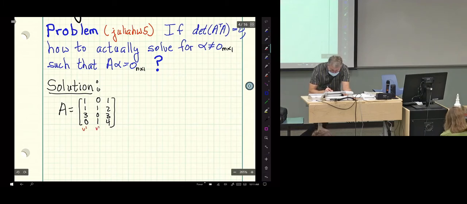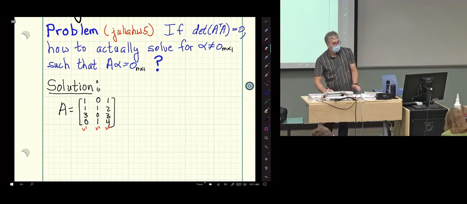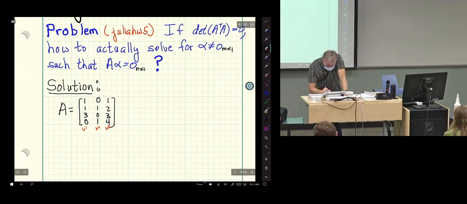V1, V2, V3. On this simple example, we can do it by inspection. We just notice that V1 plus V2 equals, whoops, I usually put subscripts. Sorry, I'm putting superscripts. I'll fix that.